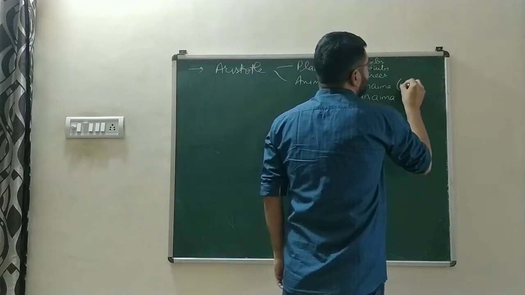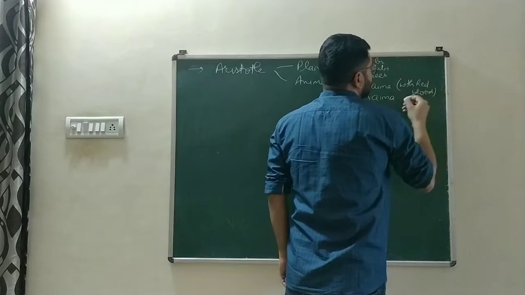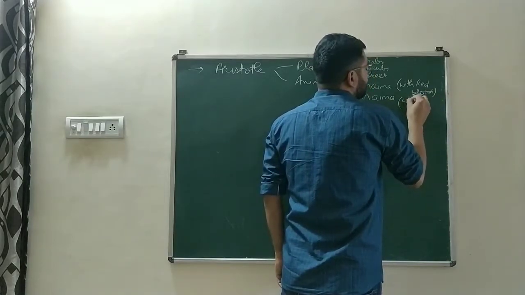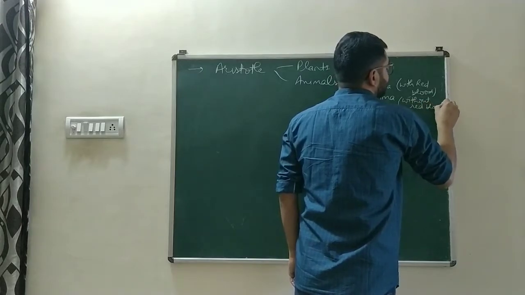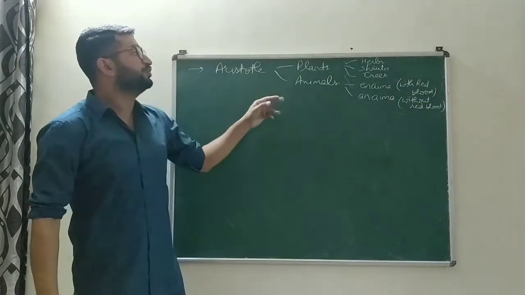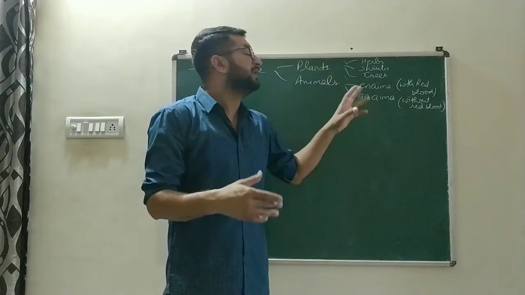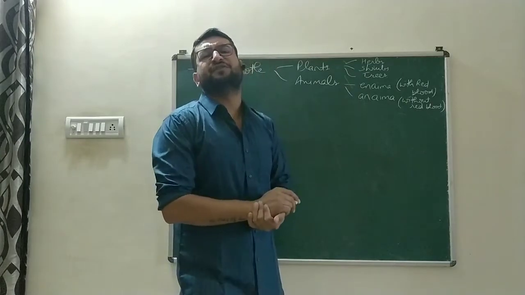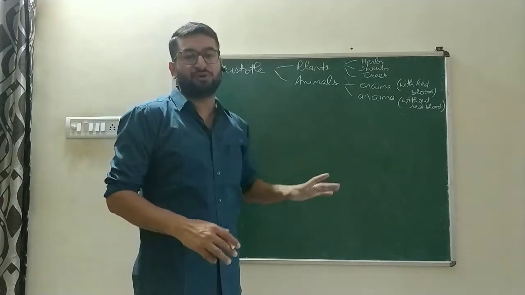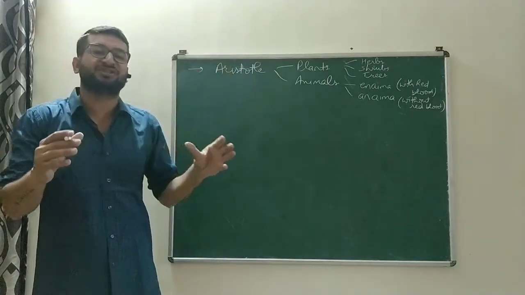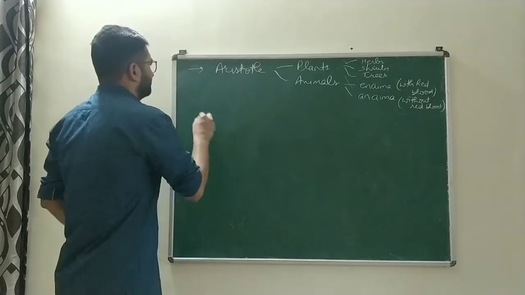That means animals with red blood and animals without red blood. So these are the two characters he chose to differentiate further in the animals group, and these are the morphological characters on the basis of which he differentiated the organisms into different groups.